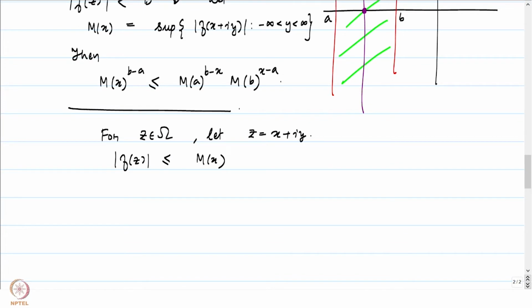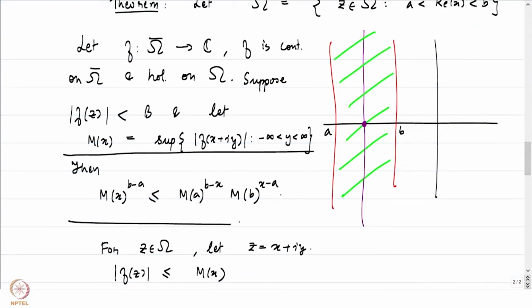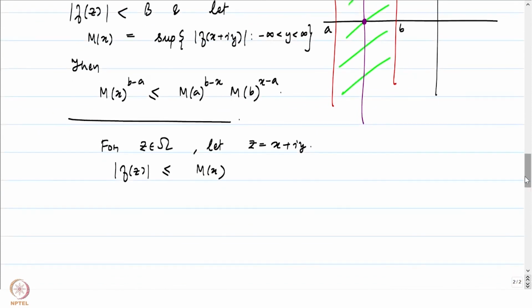What was M of x? M of x was the supremum of the absolute value of f of x plus iy, where x is fixed and y is varying. So in particular, the absolute value of f of z is less than or equal to M of x, and this is going to be less than or equal to the max of either M of a or M of b.